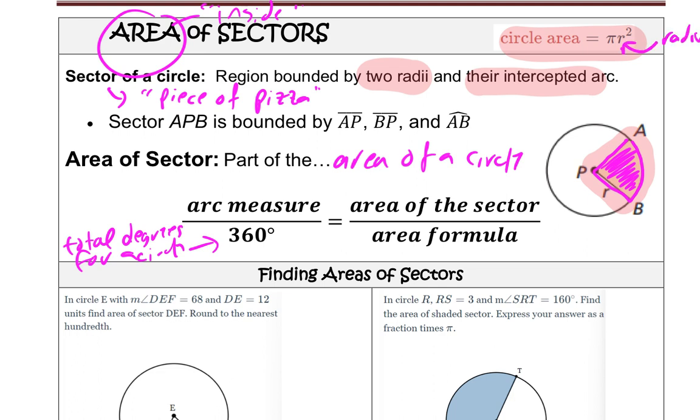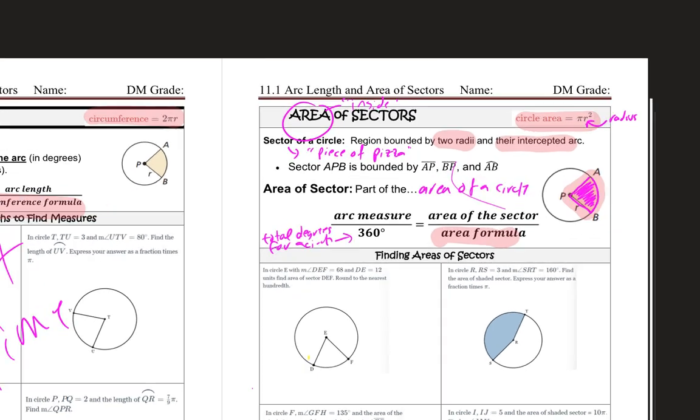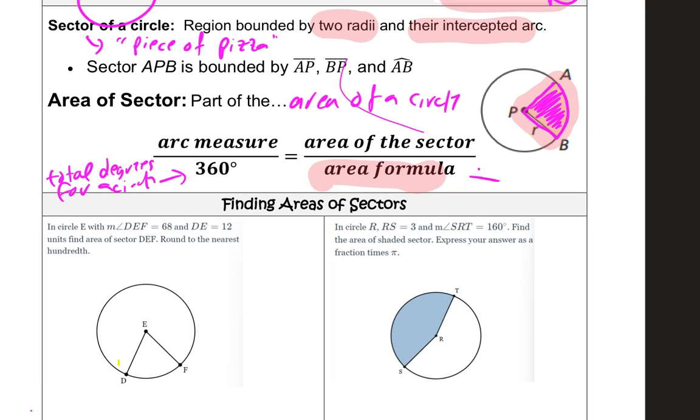Remember, last time we talked about the circumference formula. That's the difference: the circumference formula goes there, and over there goes the area formula, when we use pi r squared. Just like last time, we set it up that same way.